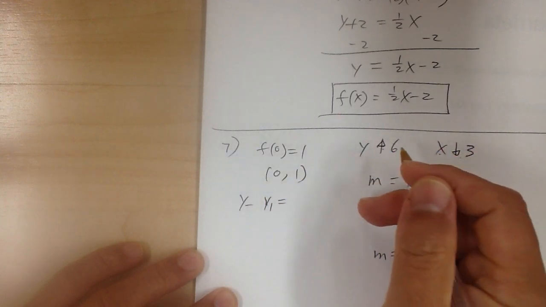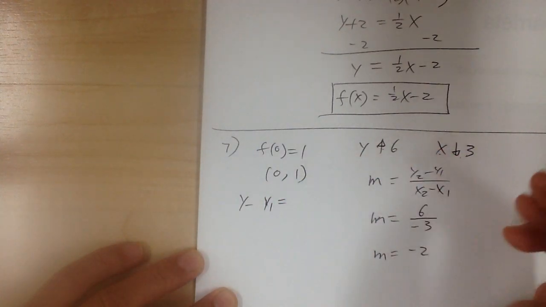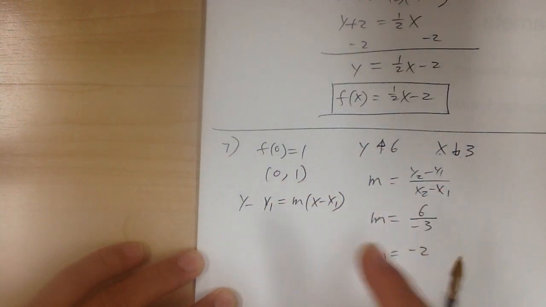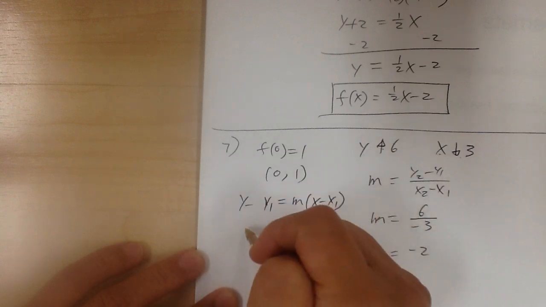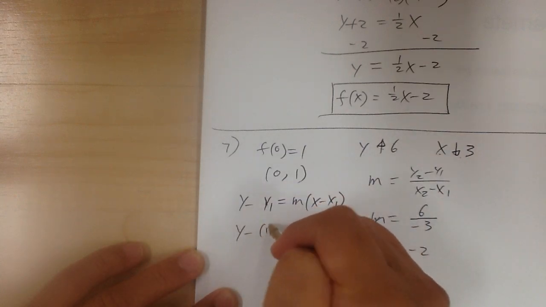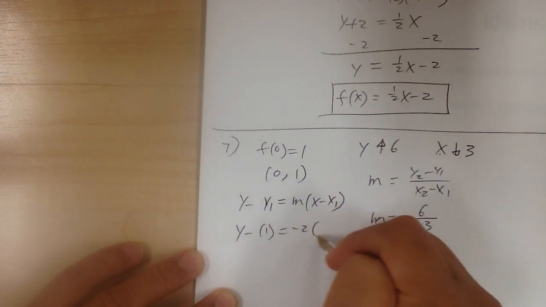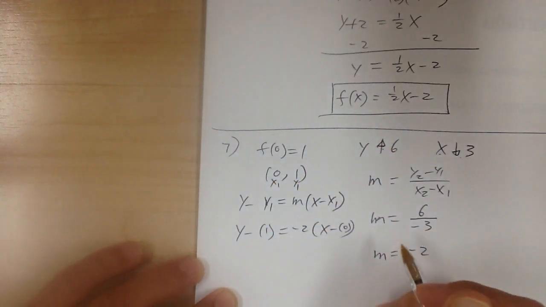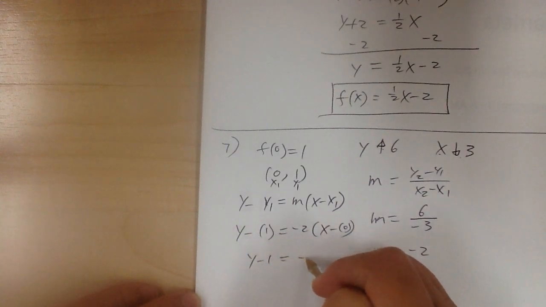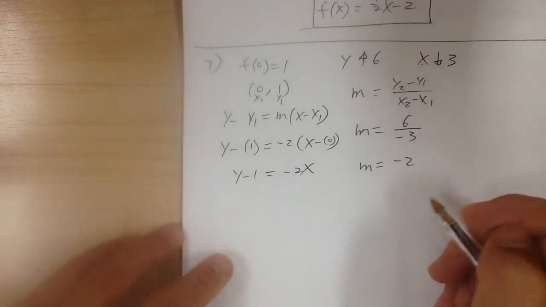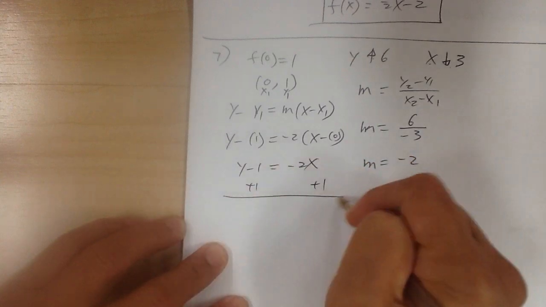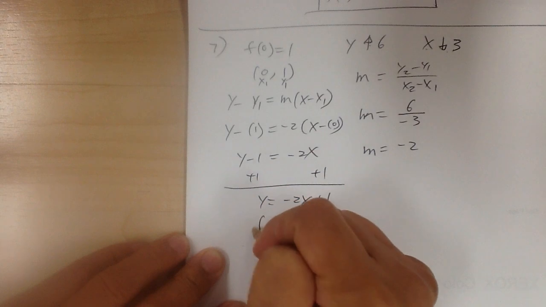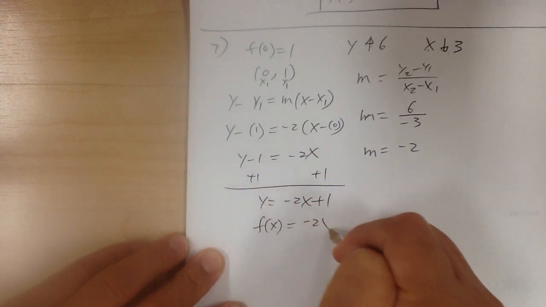You also can use the slope-intercept form, whichever is easiest for you, but since this is point and slope, let's just use point-slope form. So y minus 1 equal to negative 2 times x minus 0, that's your x1, y1. So y minus 1 equal to negative 2x, plus 1 on both sides, so y equal to negative 2x plus 1. And switch over to function notation.